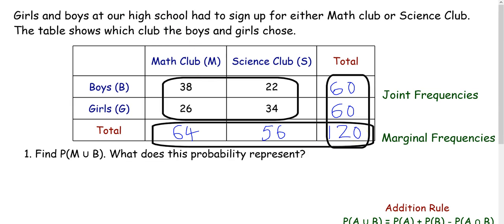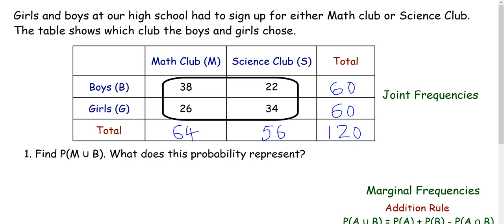Now let us get back to the problem. We are looking for P of M union B. To find the probability of math union boys, we need the addition rule.